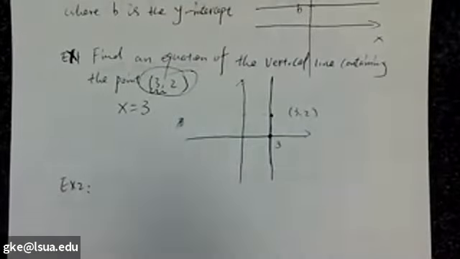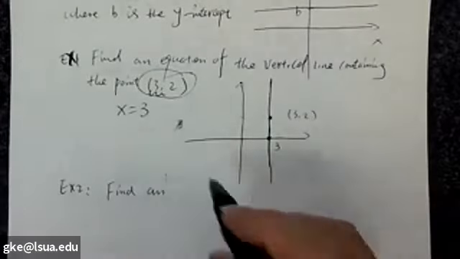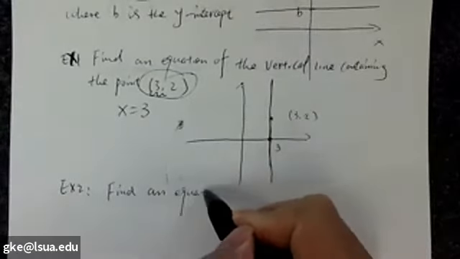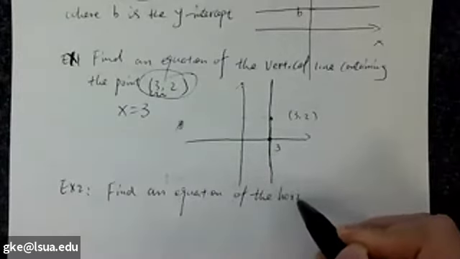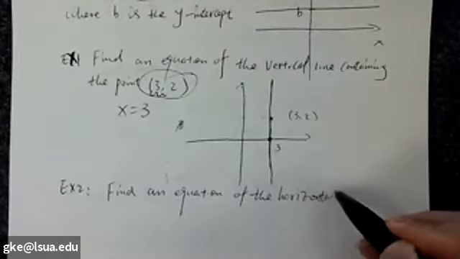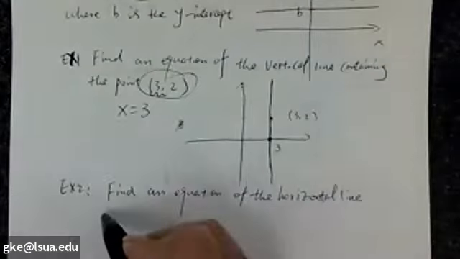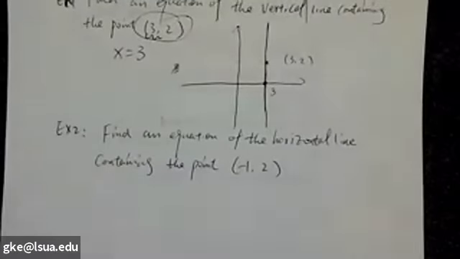Now example 2. Find an equation of the horizontal line containing the point -1, 2. Okay. The same thing. How to find the horizontal line?